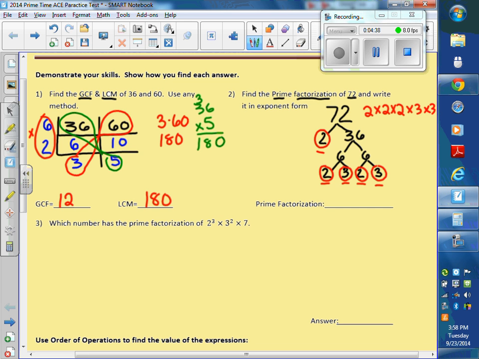But using exponents, as the directions ask you to, since there's 2 multiplied together 3 times, we say that's 2 to the 3rd power times 3 to the 2nd power.